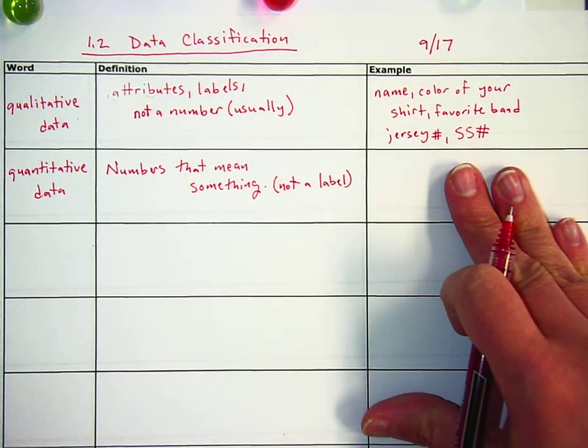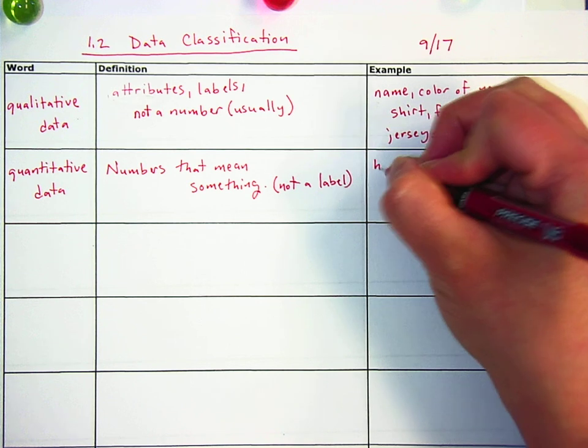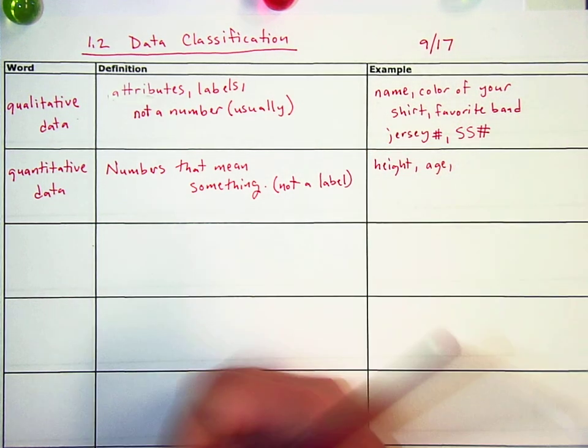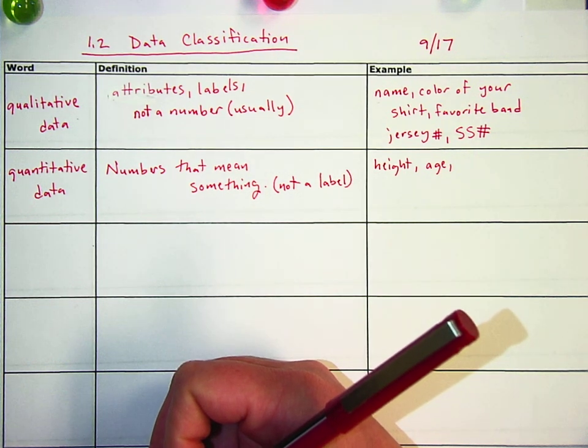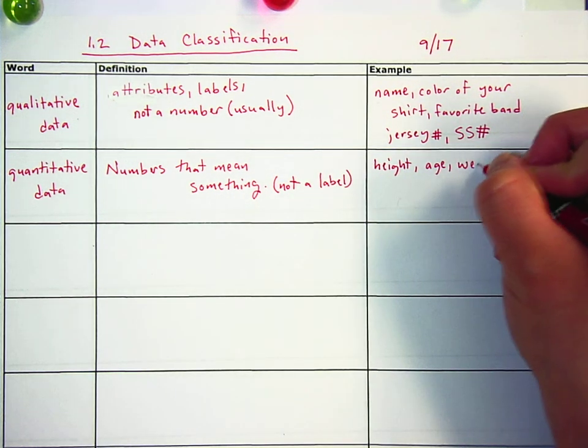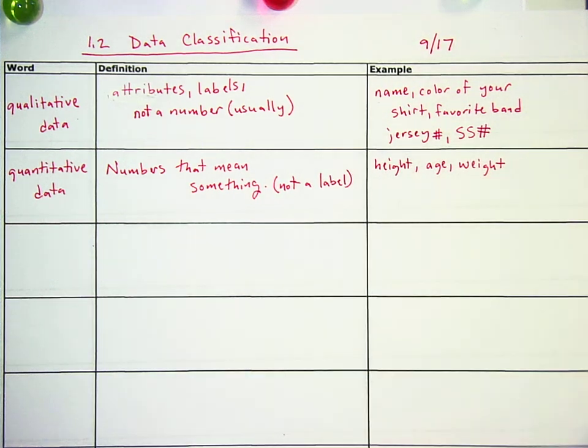For example, it could be your height, your age, or your weight, anything where it's a number that actually has a reason. If somebody asks what's your weight, you're not going to say, well, my favorite numbers are 6, 2, and 8, so 628 pounds is how much I weigh. This is a specific thing that you can actually answer about yourself.